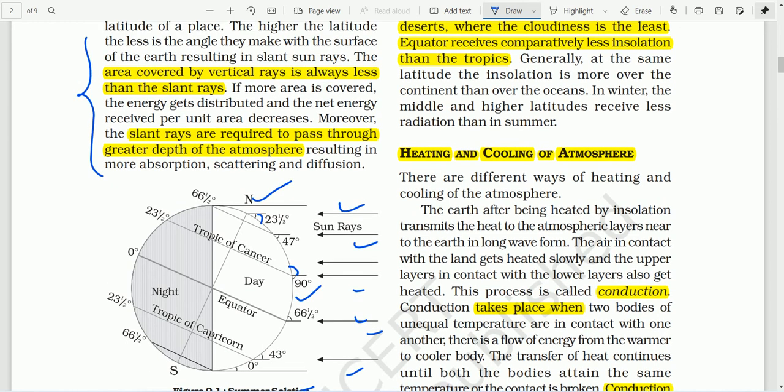And whatever we have explained earlier is also mentioned here. The area covered by the vertical rays is always less than the slant rays. If more area is covered, the energy gets distributed and the net energy received per unit area decreases. Moreover, slant rays are required to pass through greater depth of the atmosphere.